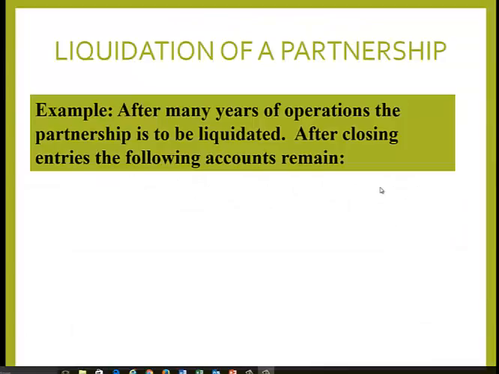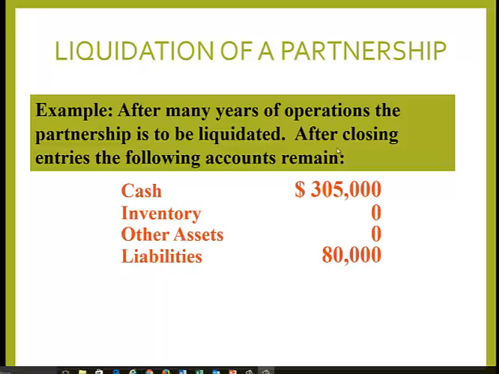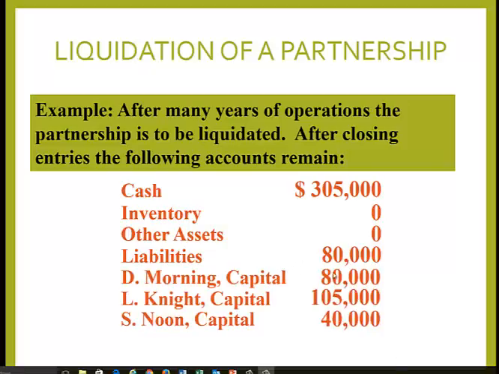So when we look over at our new balances, our cash has gone up from $10,000 to $305,000. Our assets are zero because we sold them. We still have our liability. And now look at all our partner capital accounts. They've all decreased for the loss.